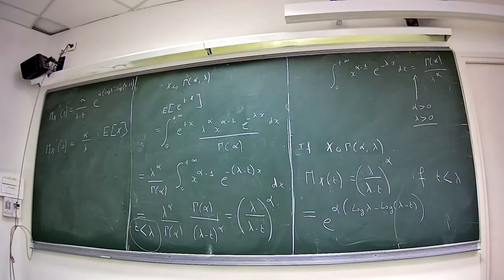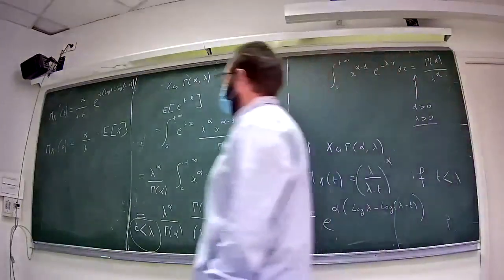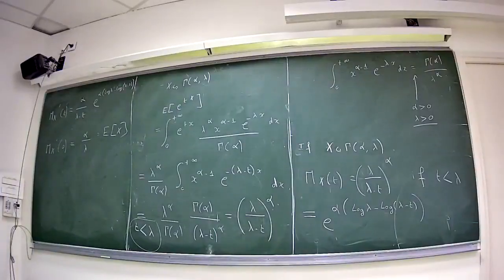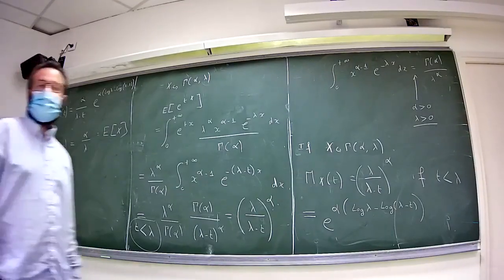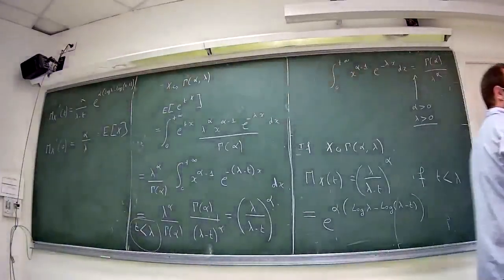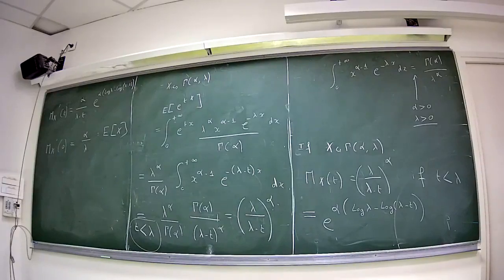If you compute the second derivative and take the value at 0, you will obtain the expectation of X squared, that is the variance plus the square of the expectation. But here, when I compute only the first derivative, I remark that I recover the expectation of X when I take the derivative of the moment generating function at 0. So this is the moment generating function of a gamma of parameter alpha lambda. If I want to compute the derivative, I just keep in mind that I can express it as an exponential, and remark that the derivative at 0 is just the expectation of my random variable.